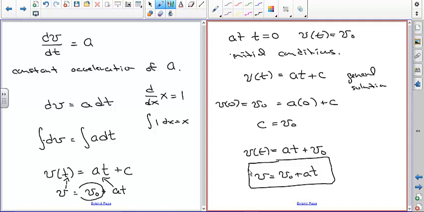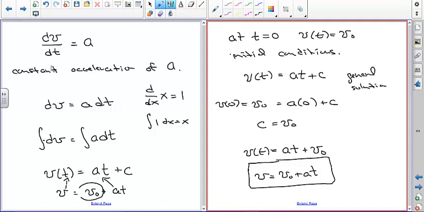Because this is constant, it just moves along just like constants move along in derivatives. We end up with this arbitrary constant c, but we specify the initial conditions, and that allows us to figure out what c is. And the initial condition is that the initial velocity is v0, or specified. Okay, so that's the first equation.